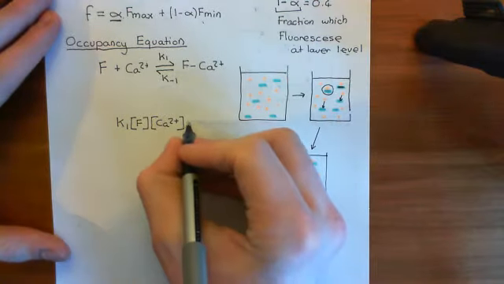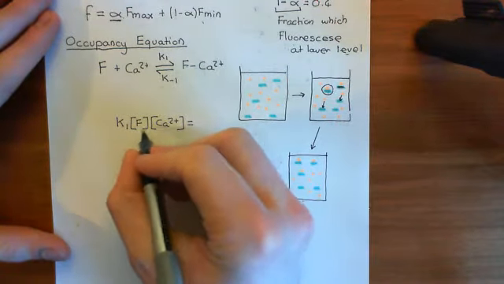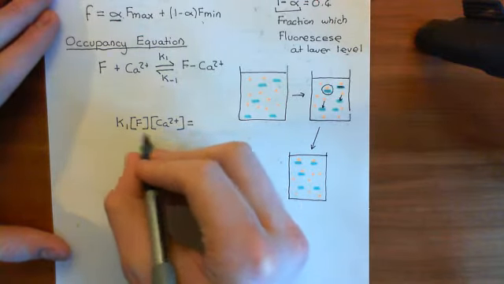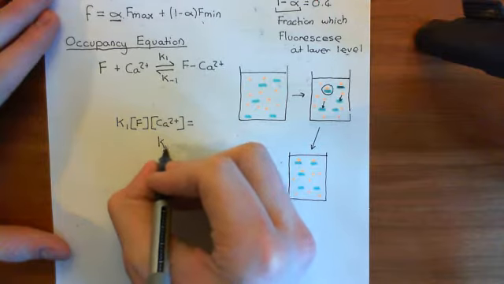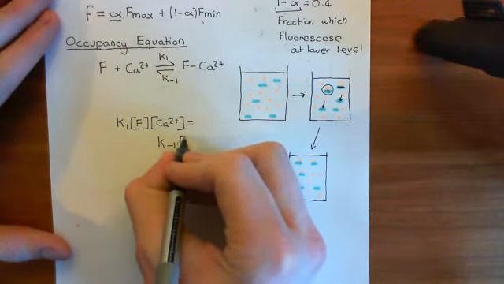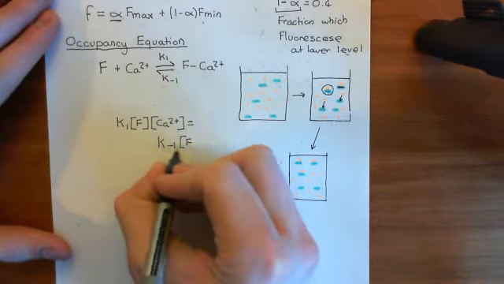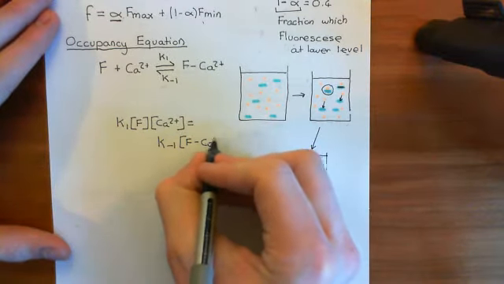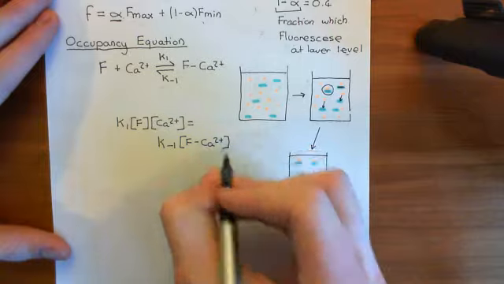And if we want the equilibrium concentrations of Fluo-4 and calcium, then we need to say that this now needs to be equal to the rate at which the backwards reaction is occurring, i.e. the rate constant for the backwards reaction times the concentration of Fluo-4 calcium complexes.